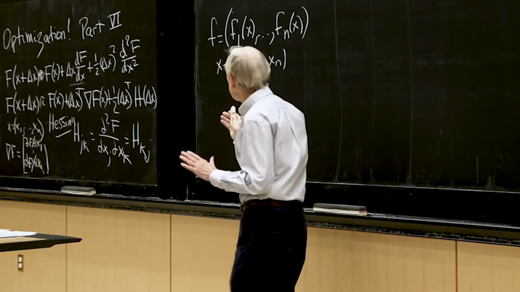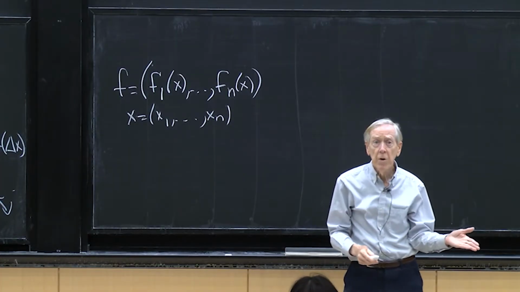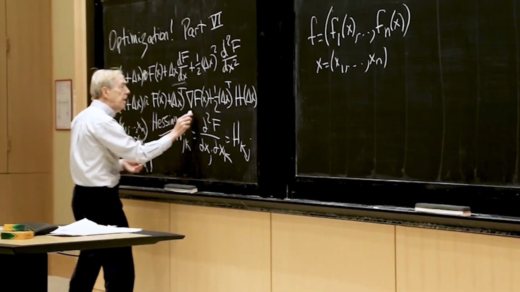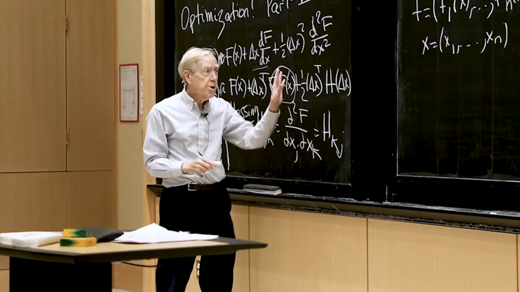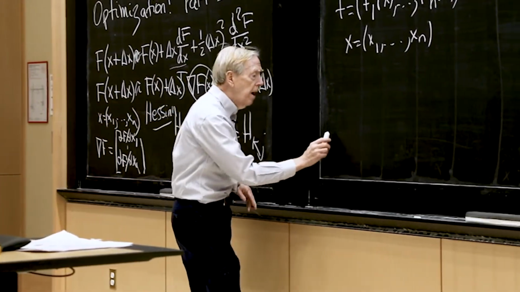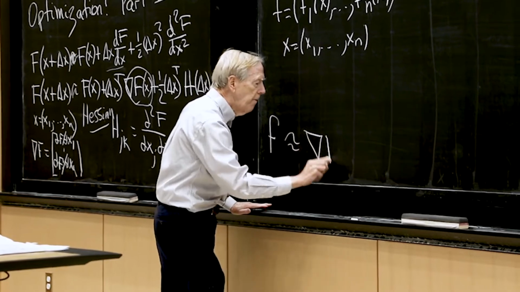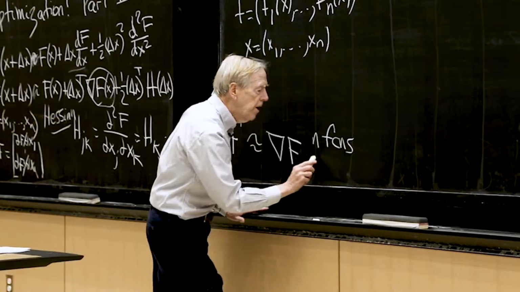So I have n functions of n variables. Well, that's exactly what I have in the gradient. Think of these two as parallel. The parallel being f corresponds to the gradient of f. N functions of n variables.